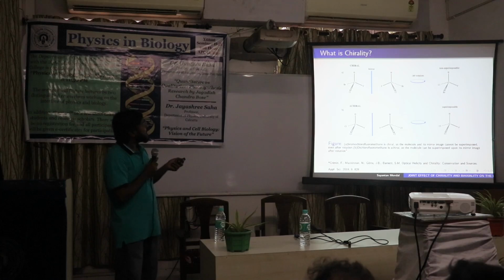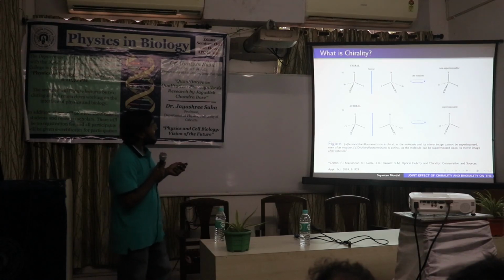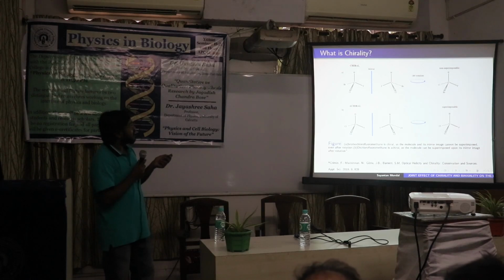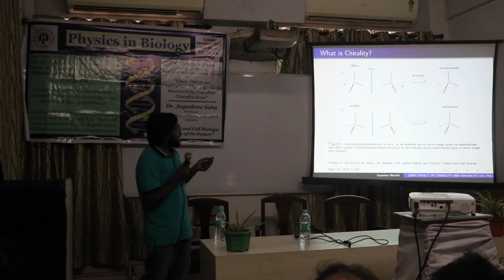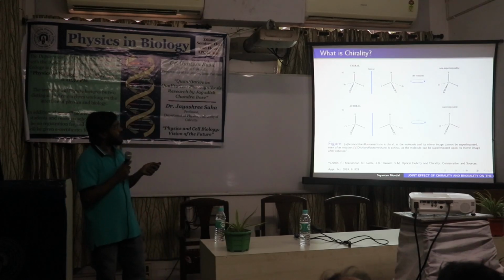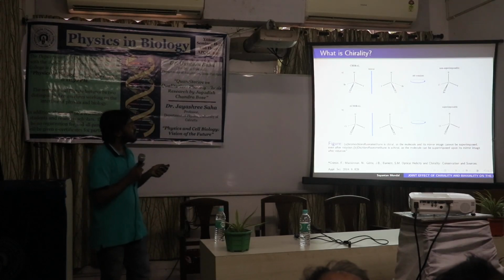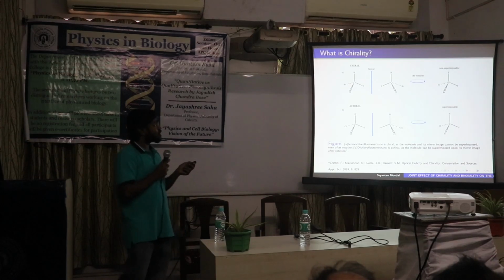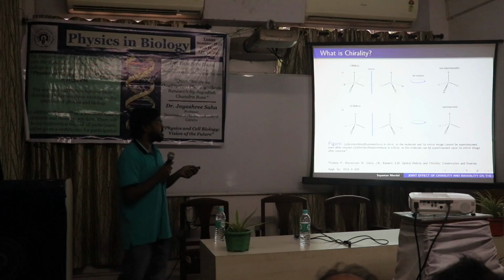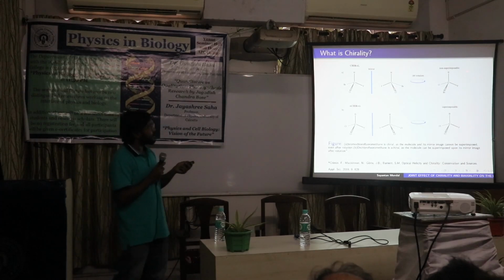Now, from this diagram, one is chiral, another is achiral. It can be well understood by the diagram here. Above, in the chiral case, we start from the initial configuration of the molecule, going through a rotation followed by a reflection, or a reflection followed by a rotation. It gives a non-superimposable mirror image.